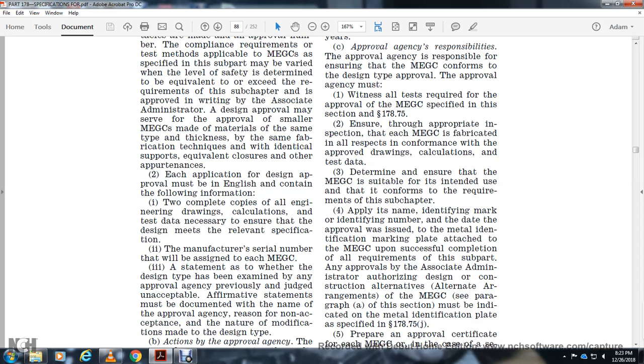Any approval by the associated administrator authorizing design or construction alternative arrangements of the MEGC under paragraph 8 of this section must be indicated on the metal identification plate specified in 178.75(j).